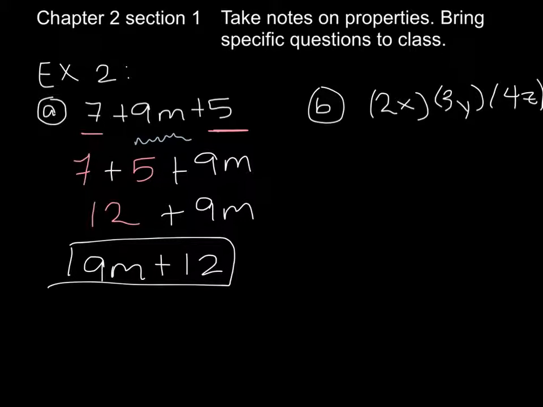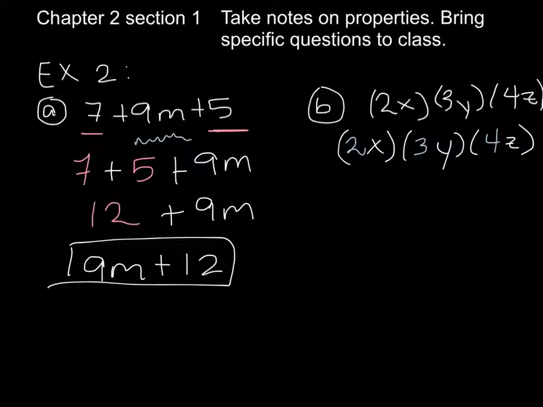I applied the commutative property again, switch the 9m and the 12, so I have 9m plus 12 to get my final answer. Now it isn't wrong to keep my answer in this form, 12 plus 9m, but convention, or what normally happens, says that we're going to have the variable first and then the constant term.